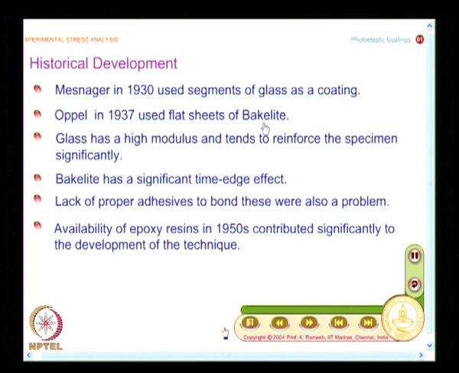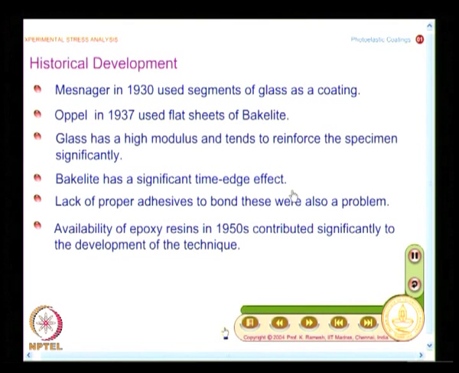The problem with bakelite was that it has a significant time edge effect, and we have already seen in transmission photoelasticity that because of time edge effect spurious fringes are formed. You do not want spurious fringes, so bakelite was also not a suitable material for photoelastic coatings.